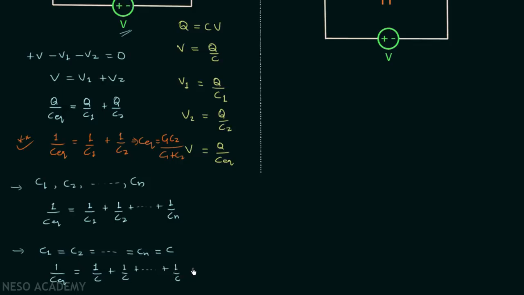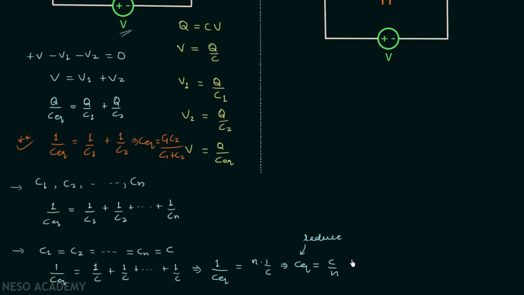And from here we will have 1 over C equivalent equal to n times 1 over C, or we can say C equivalent is equal to C over n. Now from here it is clear that the overall capacitance or the equivalent capacitance will reduce when we connect the capacitors in series.